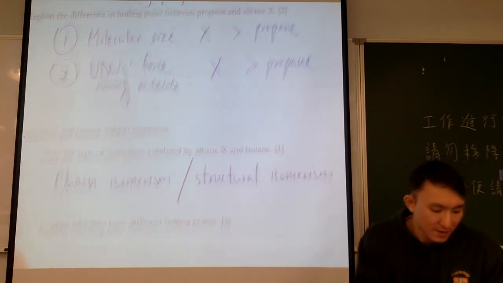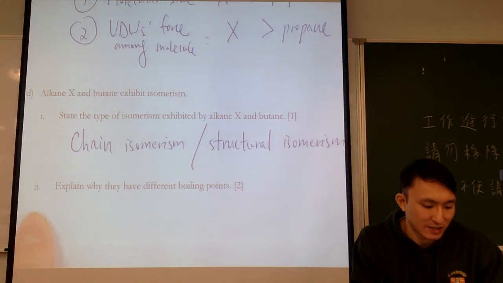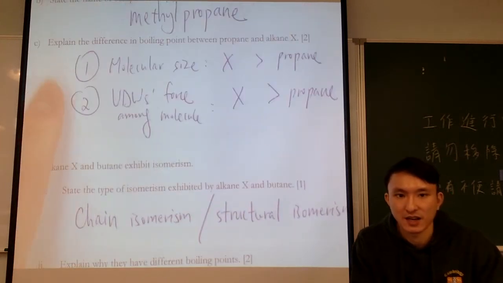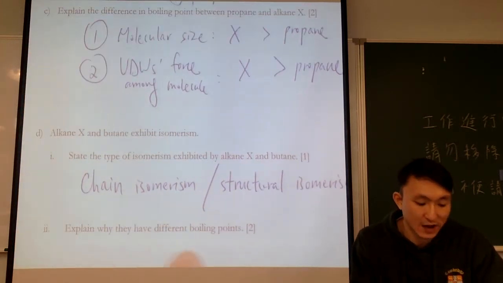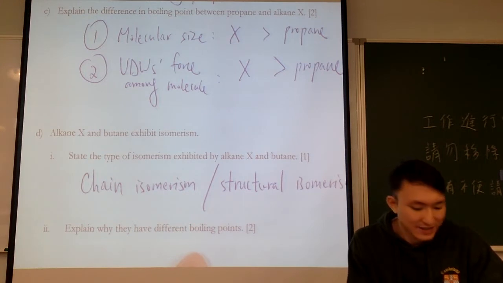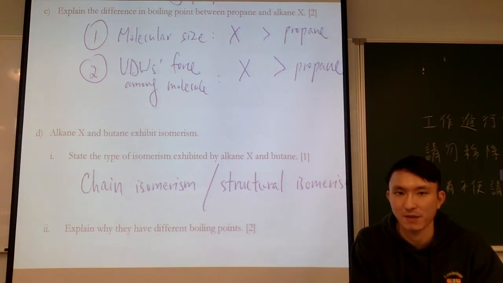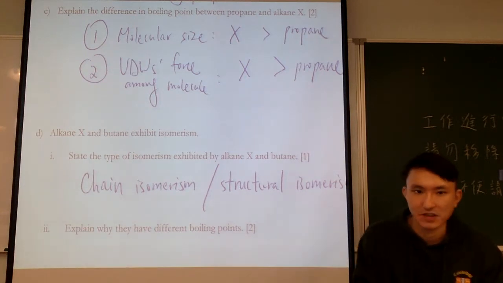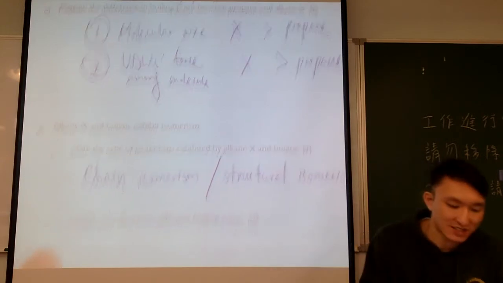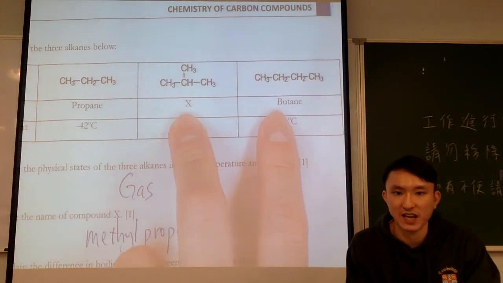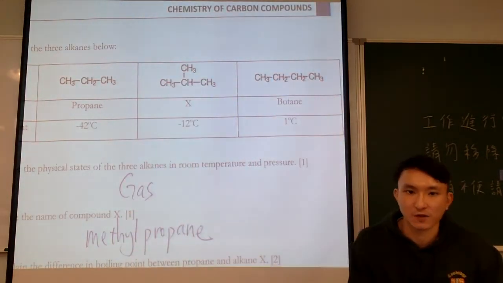Okay? Now, D2 is a very similar question to C. So why do they have different boiling points? This time, you can't make use of molecular size because they have the same molecular formula. They are made up of the same number of atoms, so their sizes are the same. So in this case, X versus butane, we will make use of the shape of the molecule.